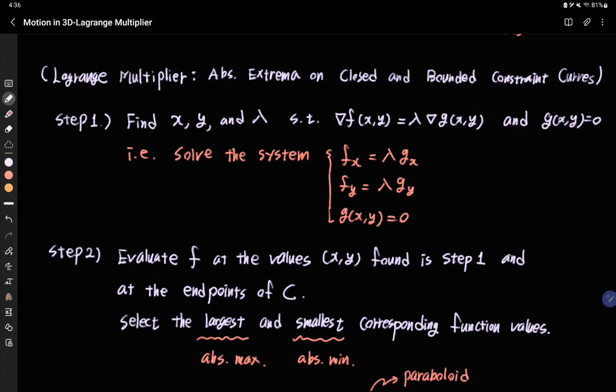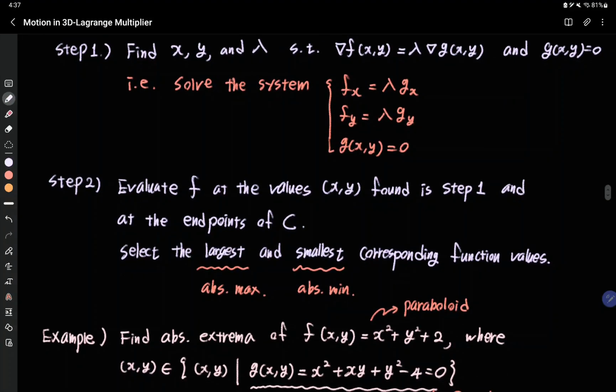Which means that the corresponding coordinates must be equal. f sub x is equal to lambda times g sub x, and f sub y is equal to lambda times g sub y, and g(x, y) is 0. So we got three equations, a system of three equations with three unknowns, so it's solvable.